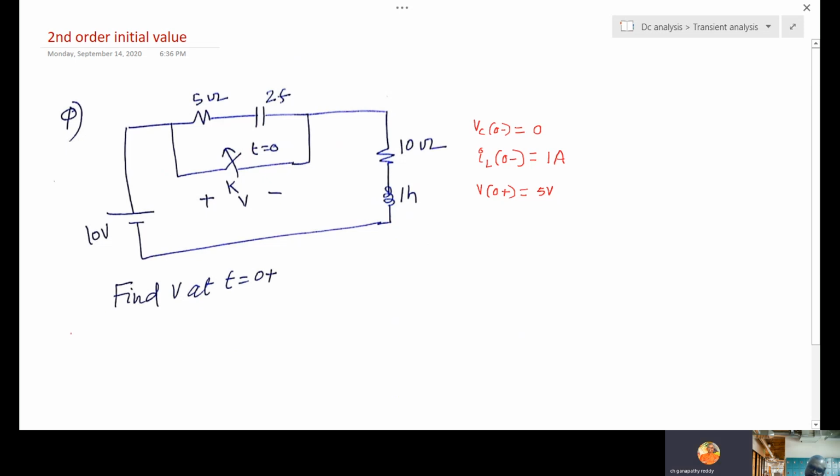So first draw the equivalent circuit at t equal to 0 minus. Without knowing 0 minus, you can't get 0 plus. So 0 minus is a steady state.